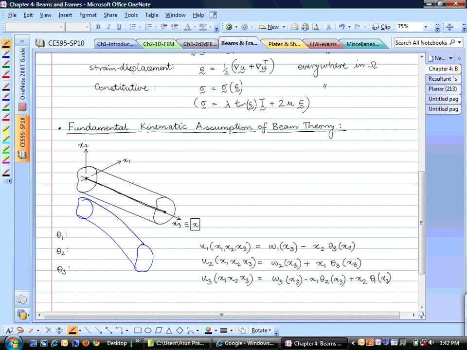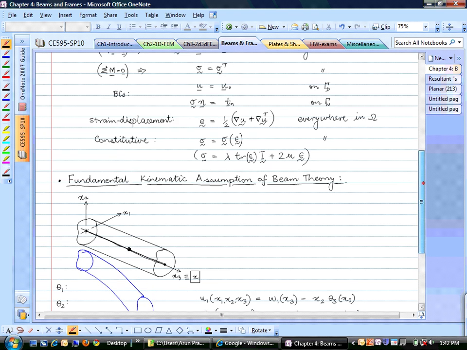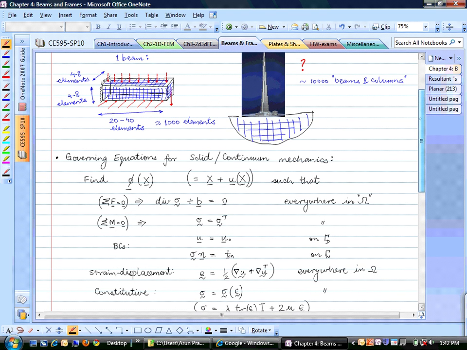And what we are going to try to do here is define a map. So if you remember, the way we defined the map was, give me a point x and where should that point go in the final deformed configuration.